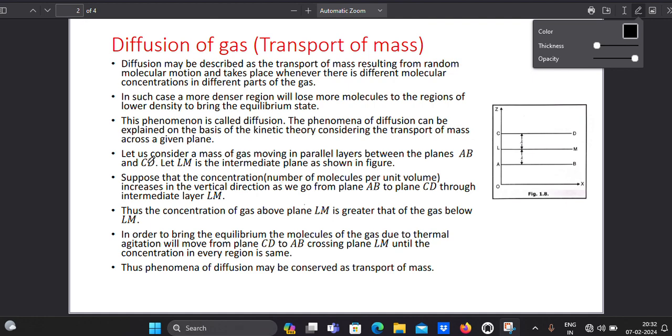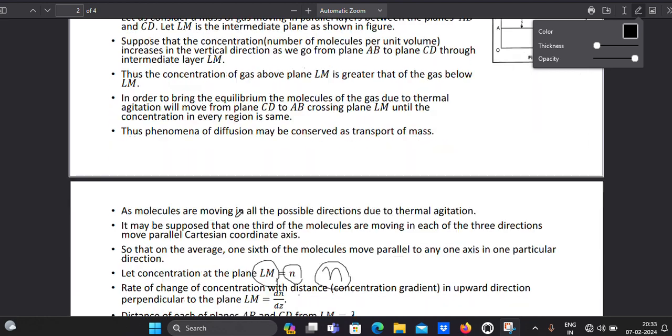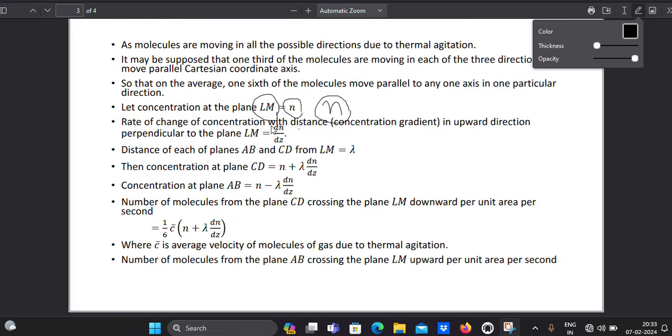Let us consider a mass of gas moving parallel to the layer. Let the concentration at the plane LM be N, in the middle. The rate of change of concentration with distance is called the concentration gradient.